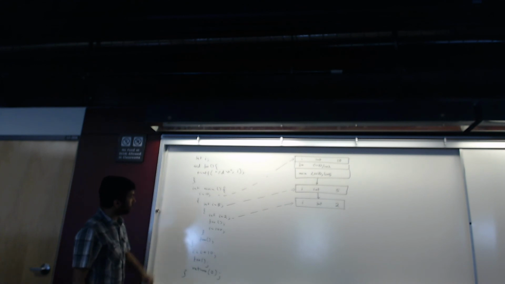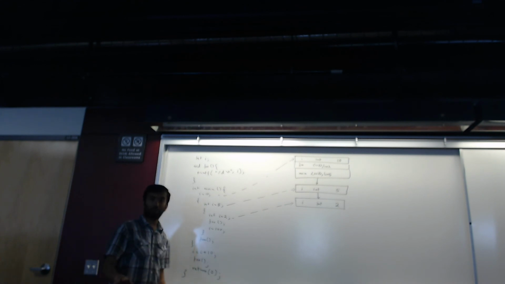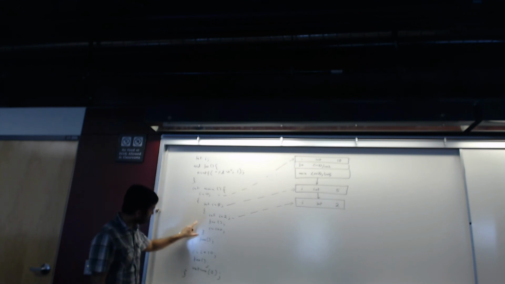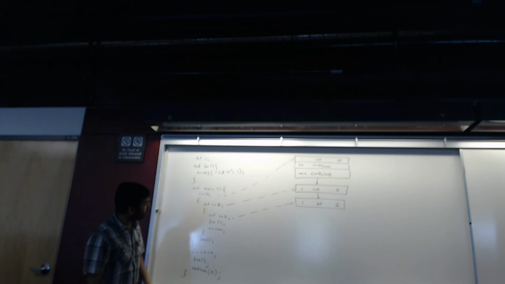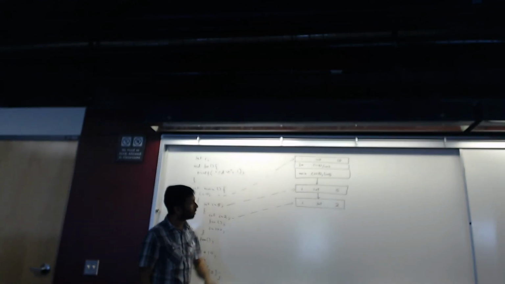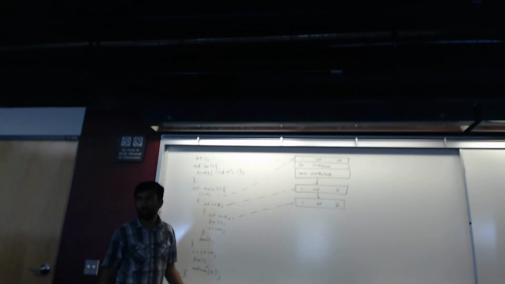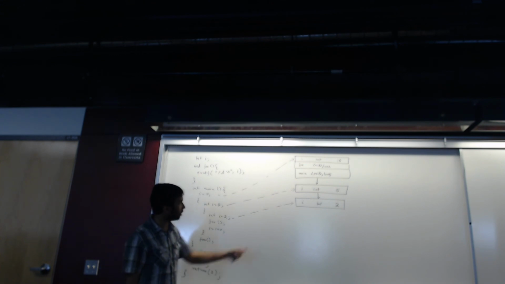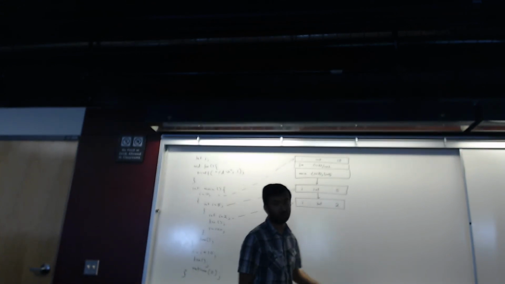Now we call foo. Do we delete anything from the symbol table? Not yet, because it's still in scope. So we call foo. Foo does printf I. Which I? The latest, the newest, the most recent one. Most recent one means this is a stack, so last in, first out.